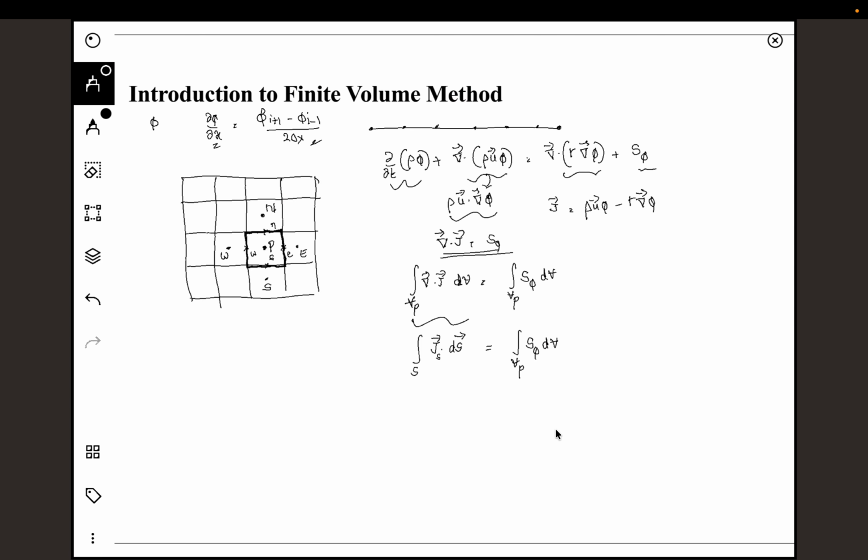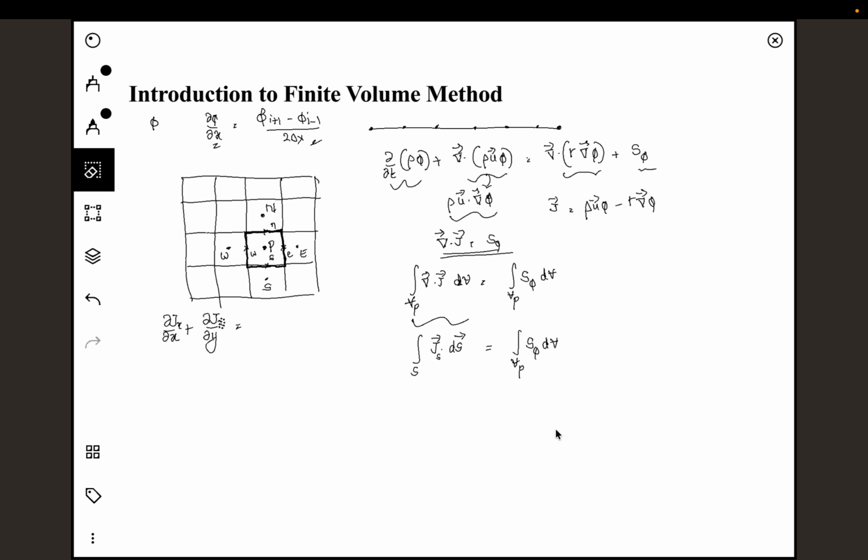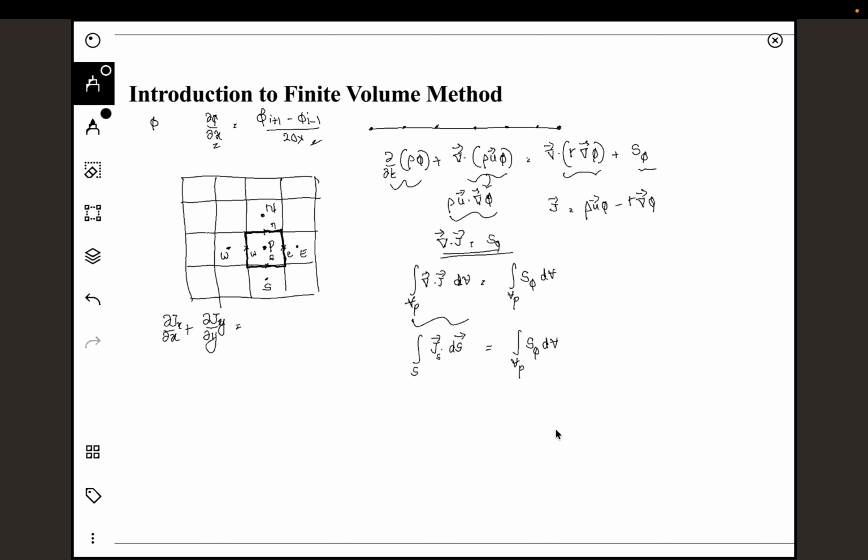So the major difference is in the previous finite difference method, what we were doing with the same equation. Let's take this equation. Let's say this is a 2D problem, so this will be del J, like you have Jx, Jy, equals some source term.